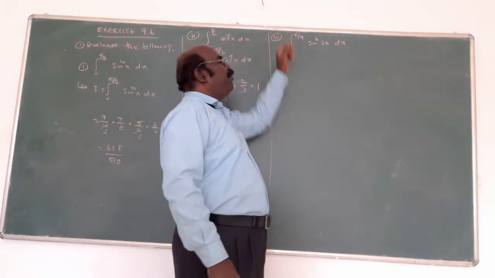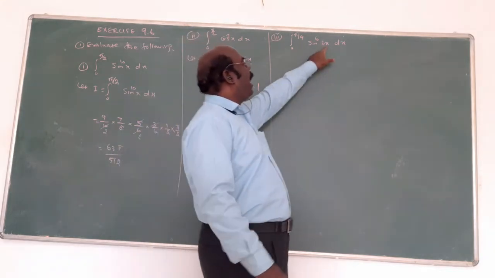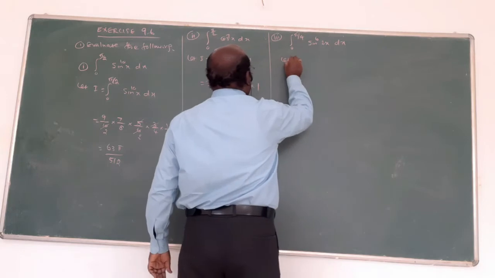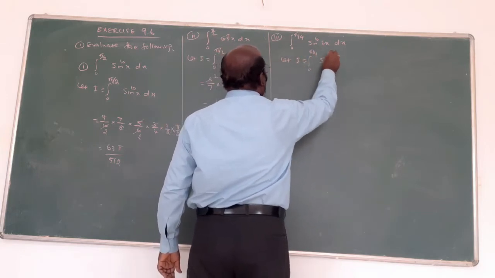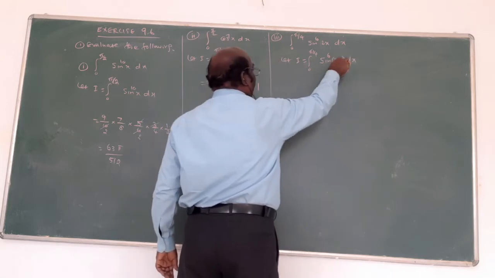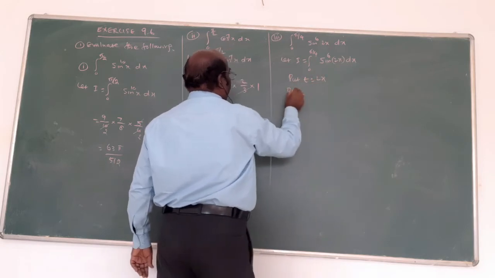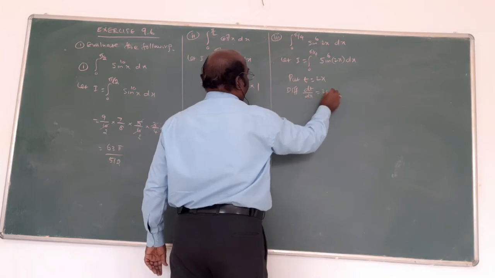Here 0 to pi by 4 is involved, so not by the previous formula, and also 2x is involved. That's why I equals the integral from 0 to pi by 4 of sin power 6 of 2x. Put the bracket: the inside of the sine will be t, where t is 2x. Now differentiating, dt by dx equals 2 into 1.